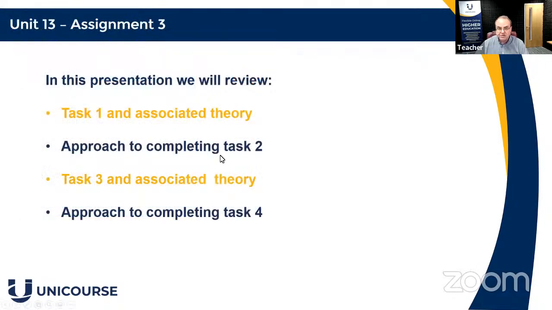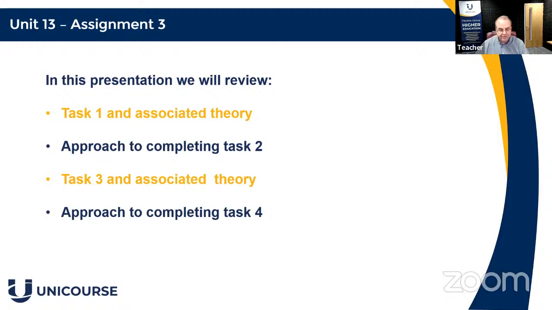So in this presentation, first of all, we're going to review task 1, and we're going to look at the associated theory. Then we'll move on to the approach to completing task 2. There's no theory involved in preparing you for that assignment. And then we'll look at task 3, and again, we're going to look at the associated theory. Task 3, if you can remember, is to do with heat loss in pipes, lagged and unlagged.